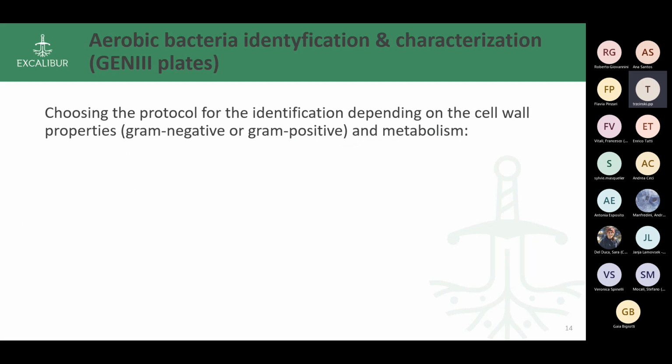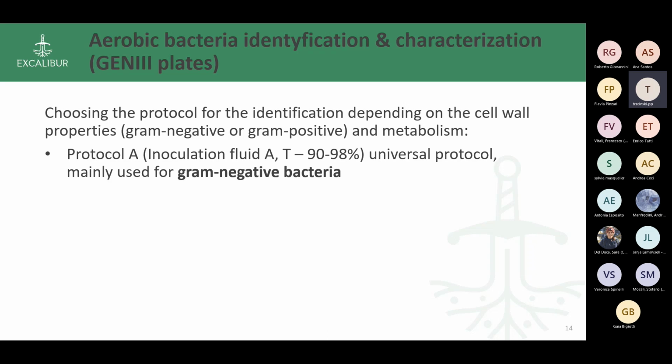The next very important thing is choosing the protocol for the identification. We have 4 different protocols. Protocol A is the default or universal protocol, and is mainly for Gram-negative bacteria.